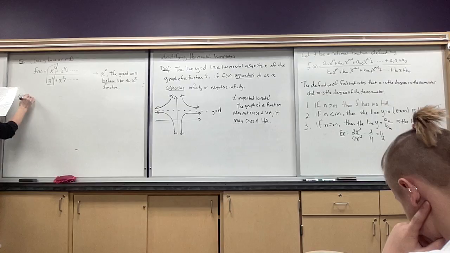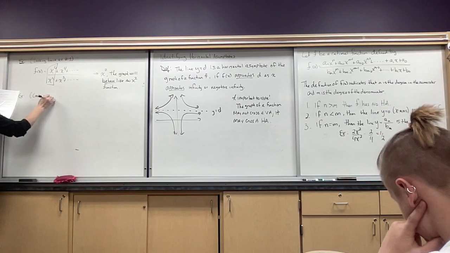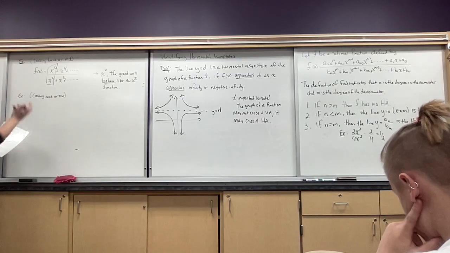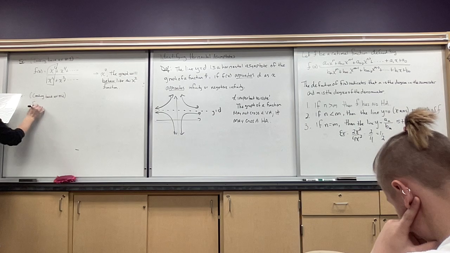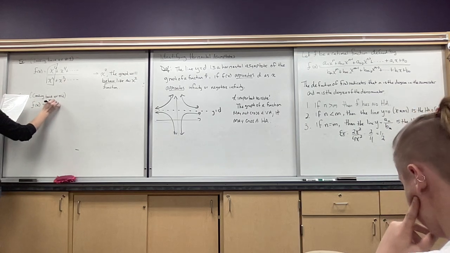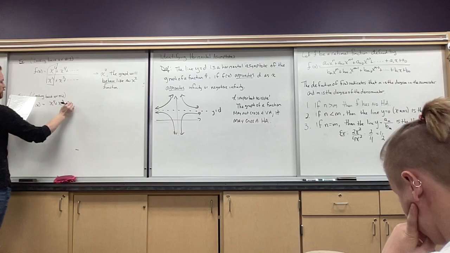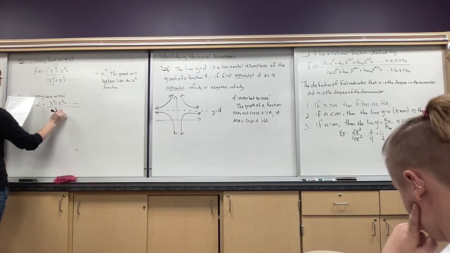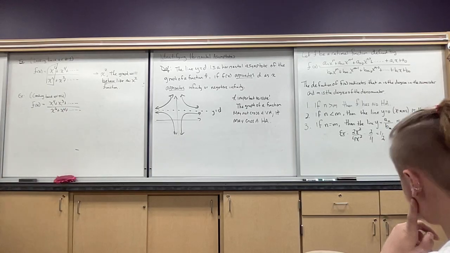Let me give you another example. So looking back at rule number 2, that's when the degree in the numerator is smaller than the degree in the denominator. Let's say I had this, x to the 4th plus x cubed plus dot dot dot. Then we have x to the 6th plus x to the 4th plus whatever, okay?